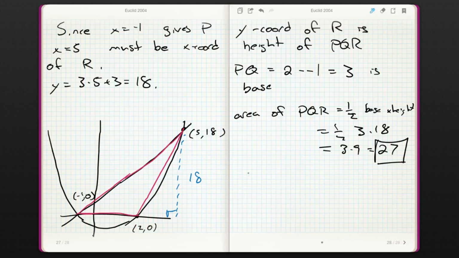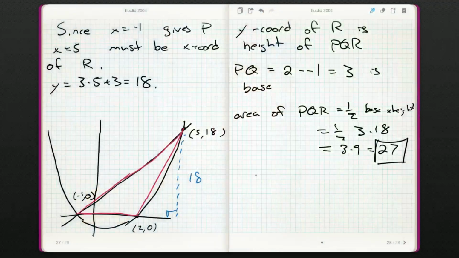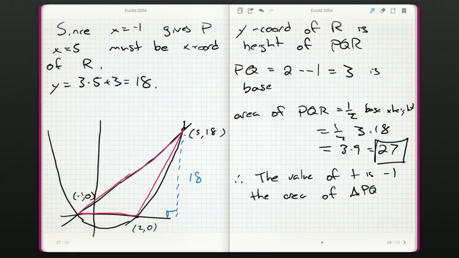If you wanted to, because they asked for T and the area of PQR, yes, we put boxes around them already, but you might give a final little therefore statement: the value of T is minus 1. The area of triangle PQR is 27.